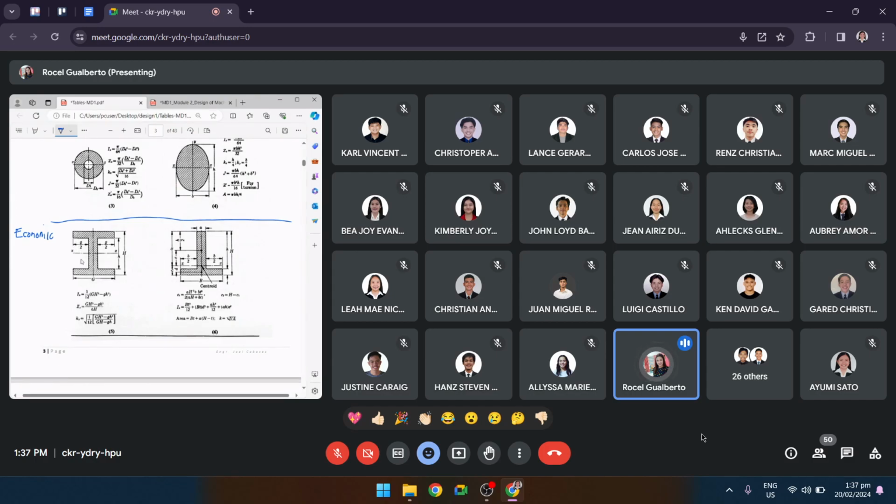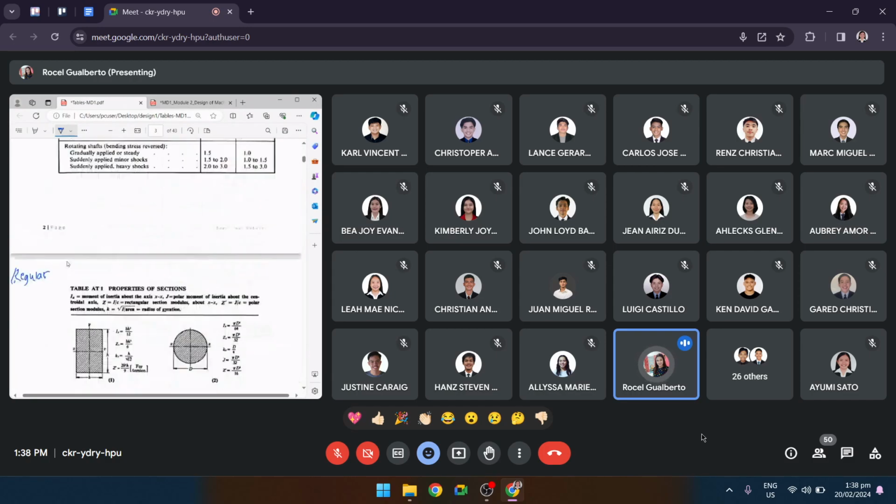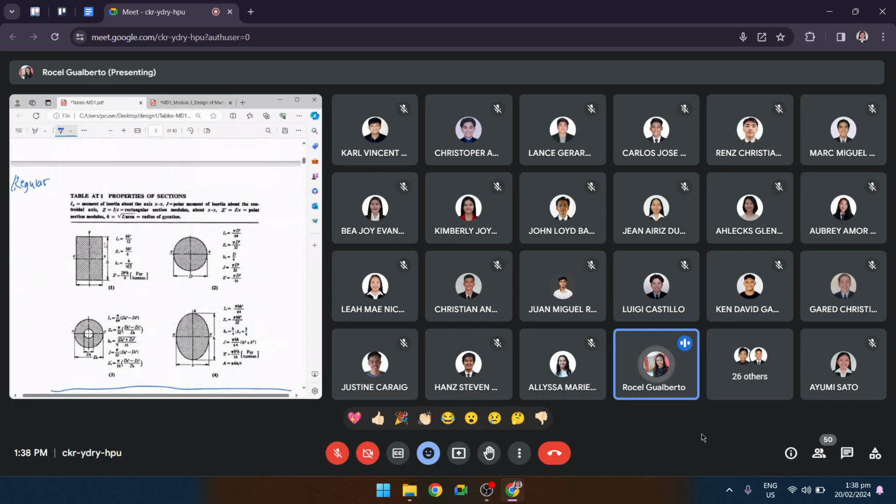This one comes from a rectangular cross section, then we remove some material, so it makes the material of construction minimal as compared to that of a rectangular cross section. So, economic section, and then this is regular cross section.